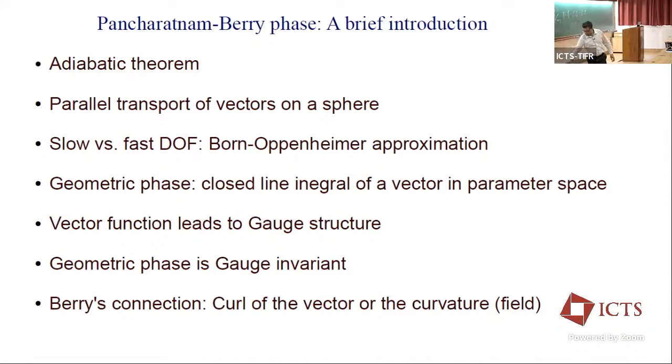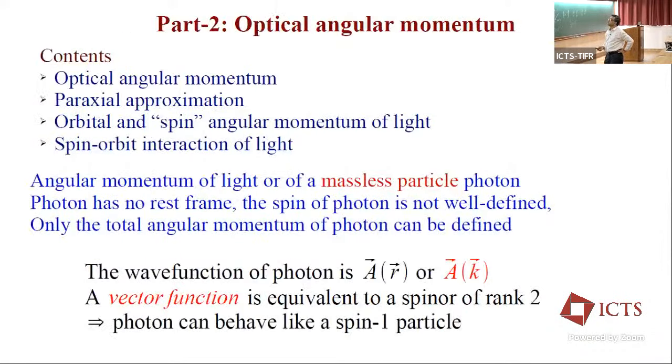So gauge field and Berry phase connection make it quite general. And the geometric phase is gauge invariant. That can be shown, we have already proved this, because this gives you the Berry connection, the curl of a vector, or the curvature.